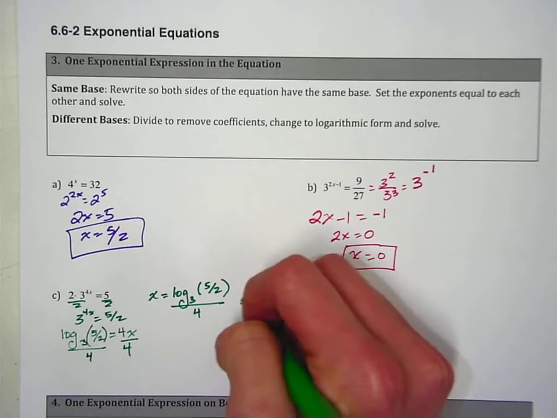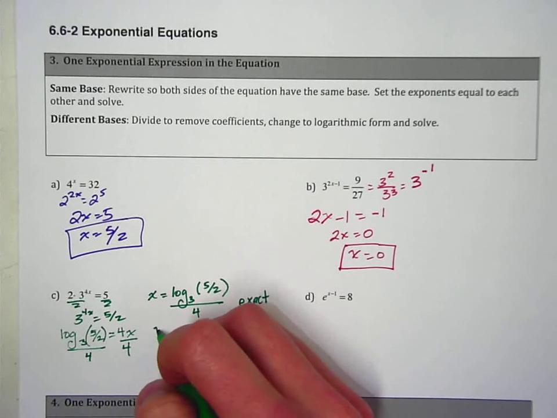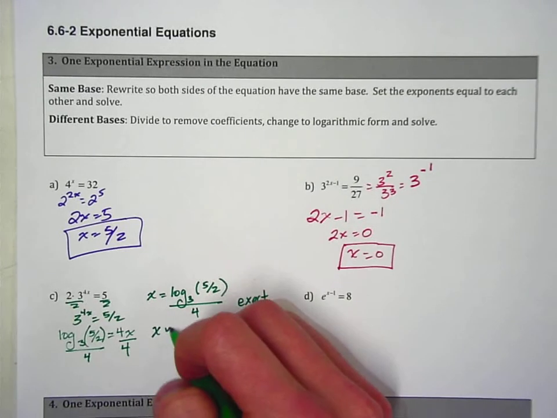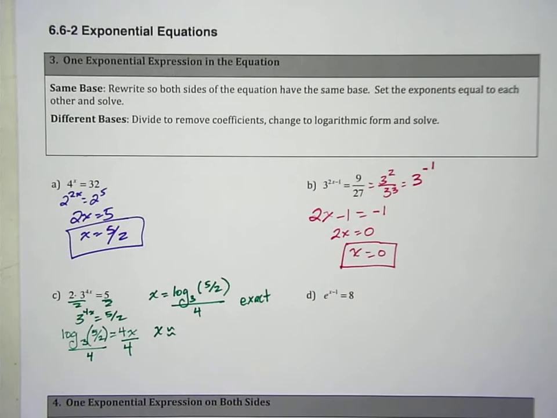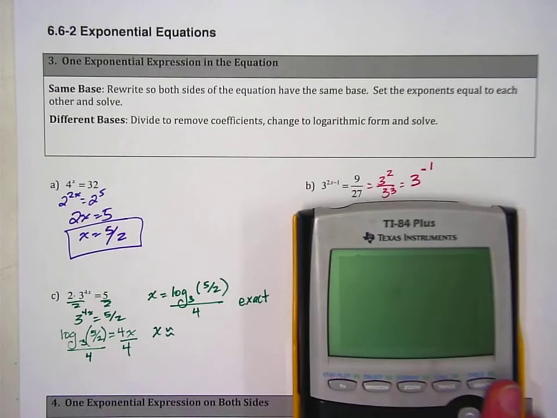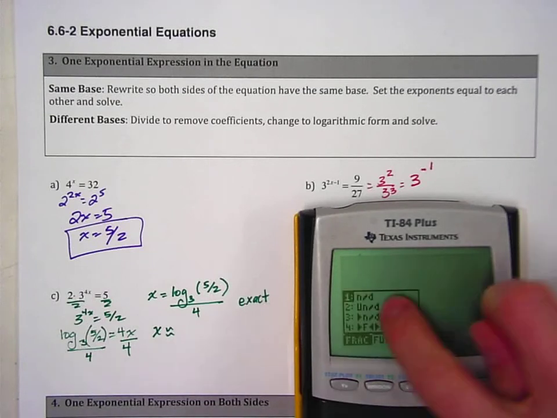This is the exact. All right, but what you guys are also going to be doing for exponential equations is giving the decimal approximation. So we have a couple ways that we can type this in. All right, for this one, if you have the newer operating system, what you can do, if you go to alpha y equals, we have numerator divided by denominator.